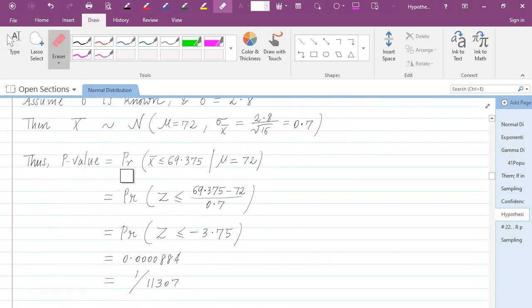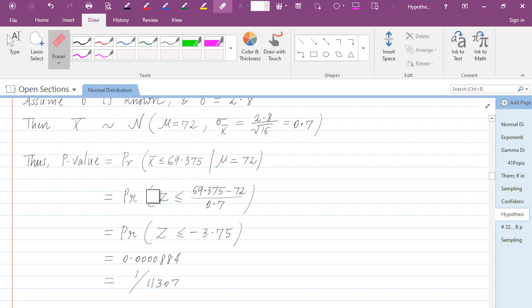So the p-value is the probability that X bar is less than 69.375, the observed sample statistic, given that the population mean height is 72. We're going to write this probability in terms of the standard normal distribution.